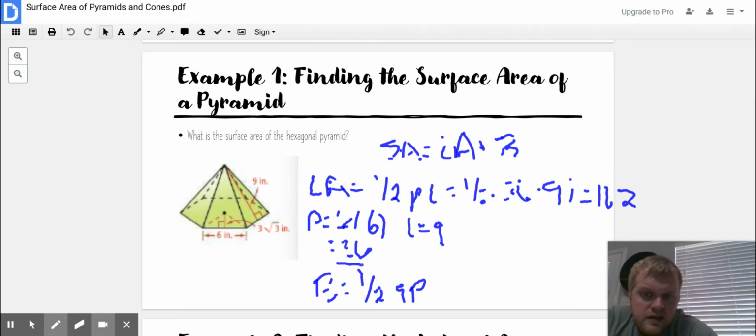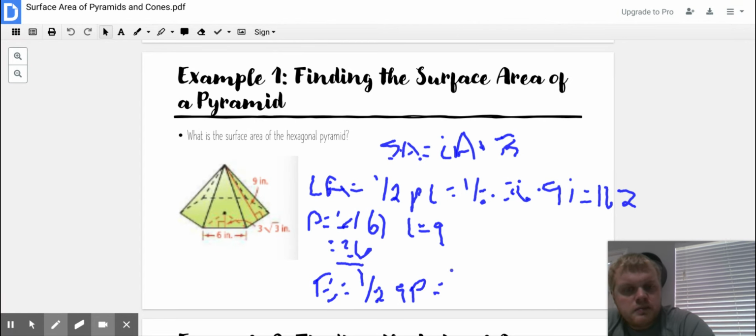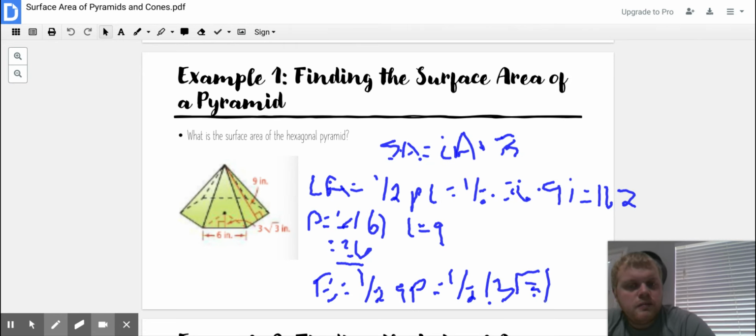Looking right there, that little 3 radical 3 shows us that from the center point to a side is 3 radical 3. So there's our apothem, which is 3 radical 3. When I rewrite this now, it's going to be 1/2 times 3 radical 3, and the perimeter, as we said before, was 36.